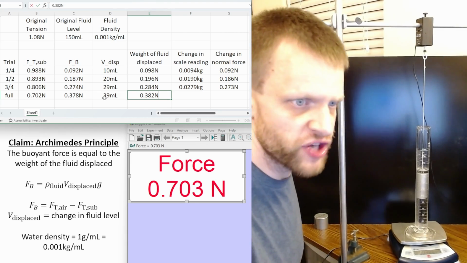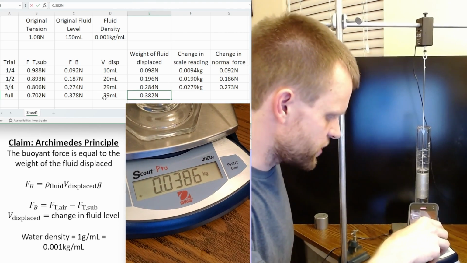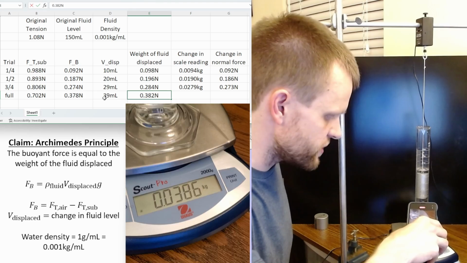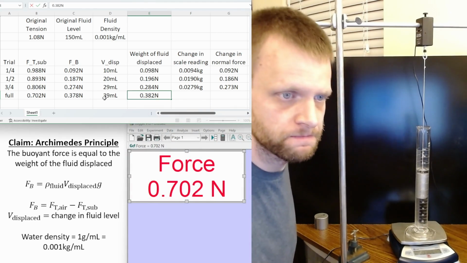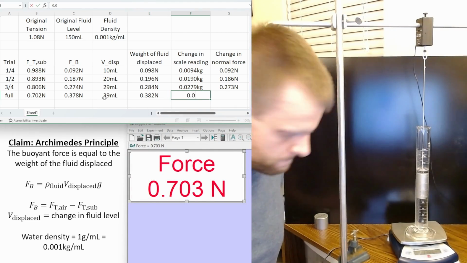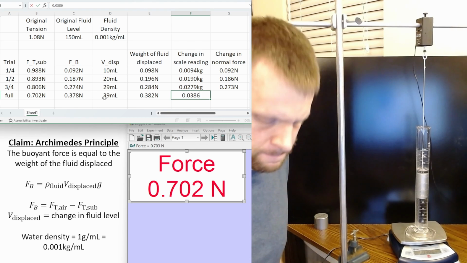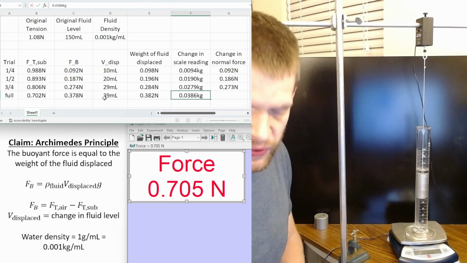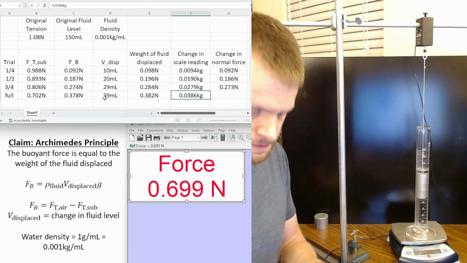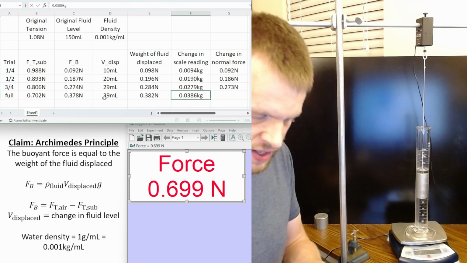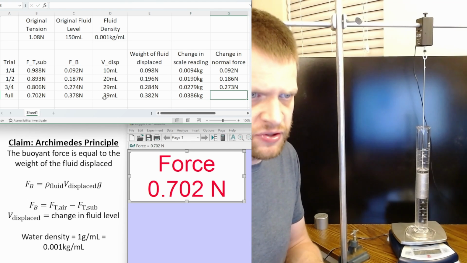And our scale reading is now 0.0386 kilograms. If we multiply that by 9.8, I get 0.378 newtons.